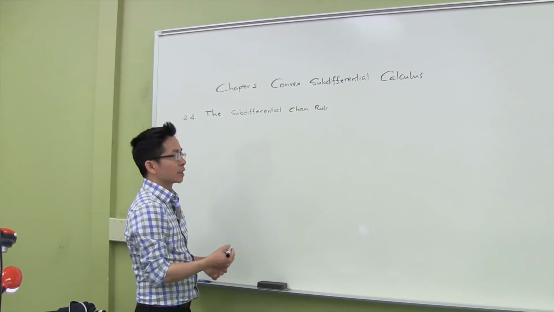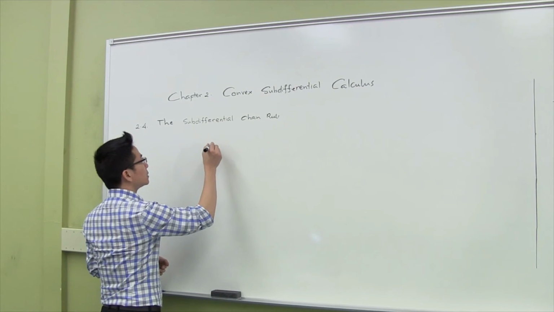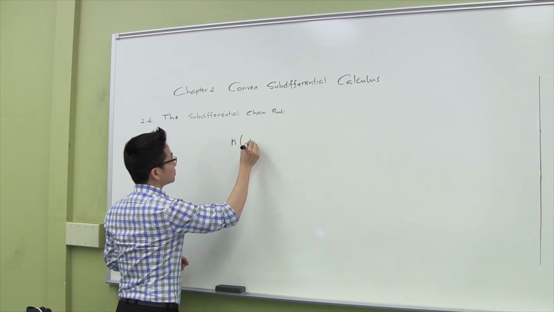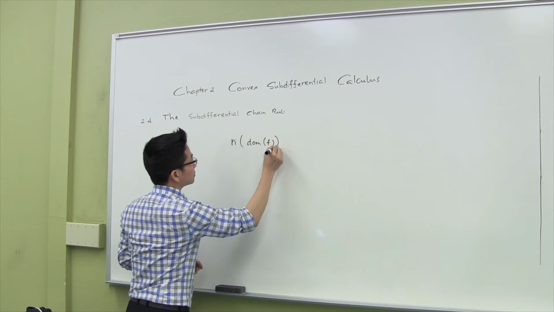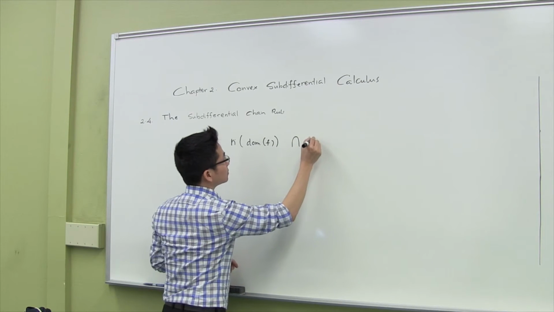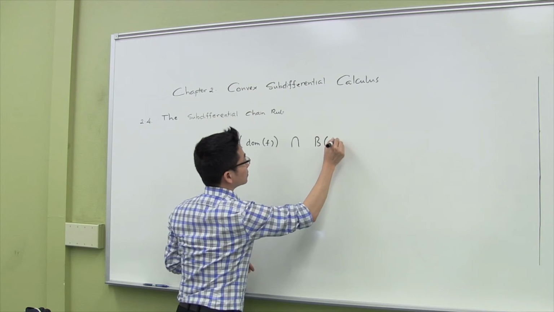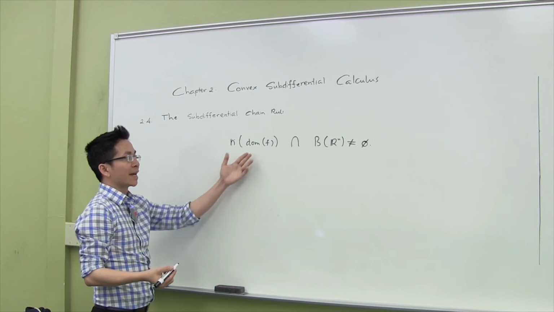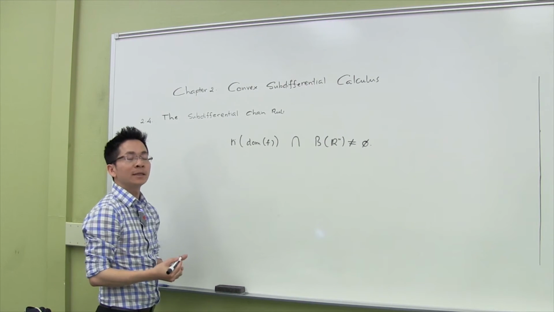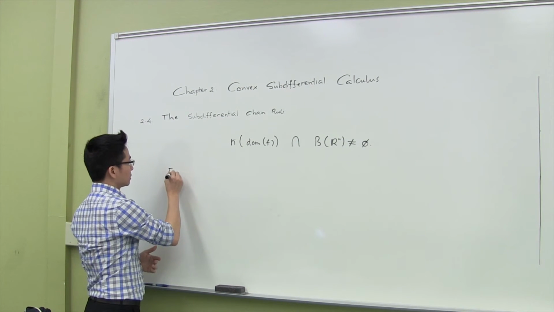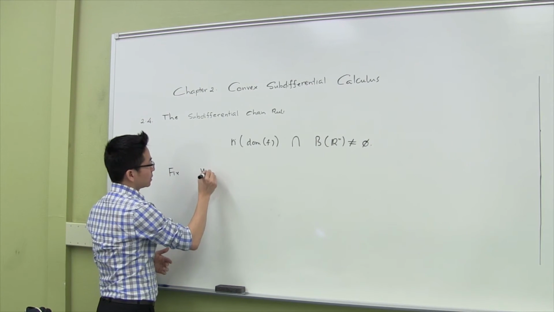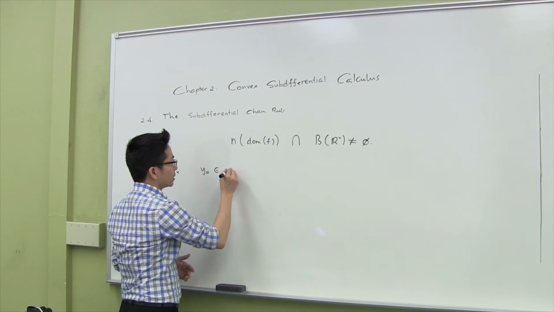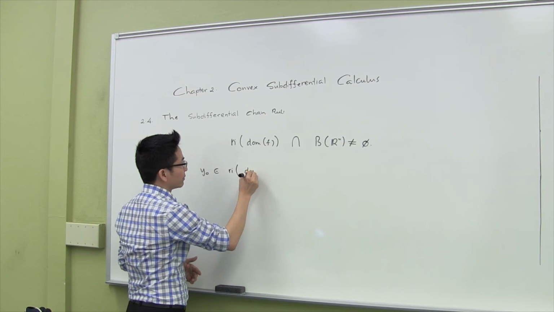Indeed, under the assumption made, we have the following. This intersection is non-empty. So we can fix an element y0 in this intersection. So y0 belongs to the relative interior of the domain of the function f.